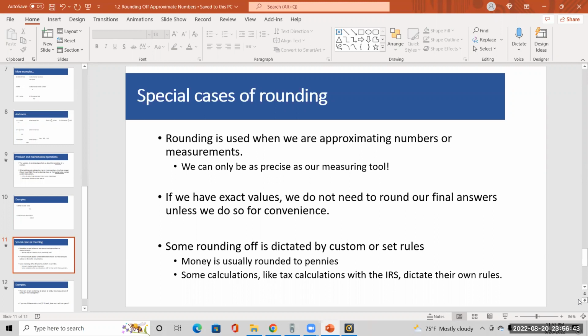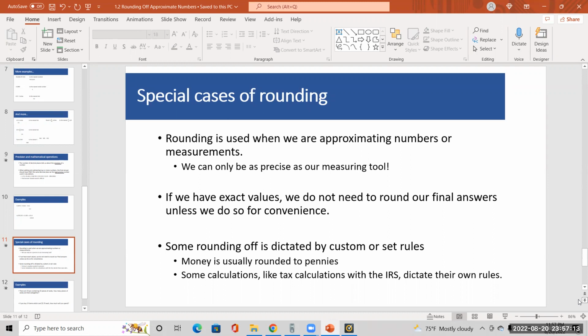So if we have exact values, we don't have to worry about rounding. We can do it for convenience, but we don't have to round. However, if we are dealing with approximate numbers, we will need to round. So again, some rounding is dictated by custom rules. We usually round money to pennies, the number of cents that we have.